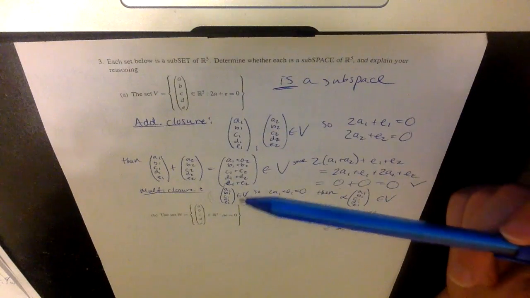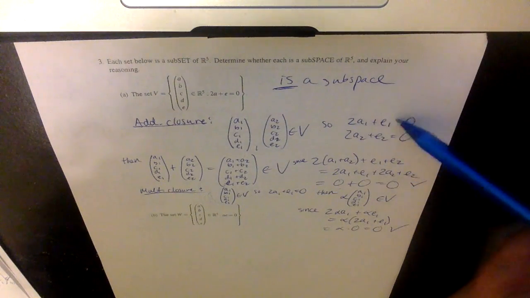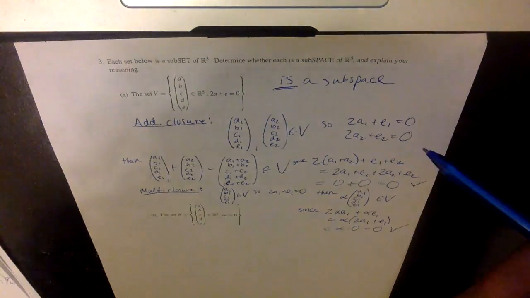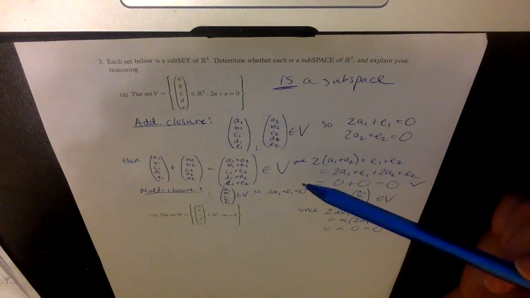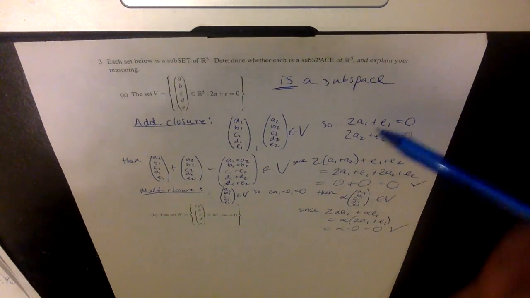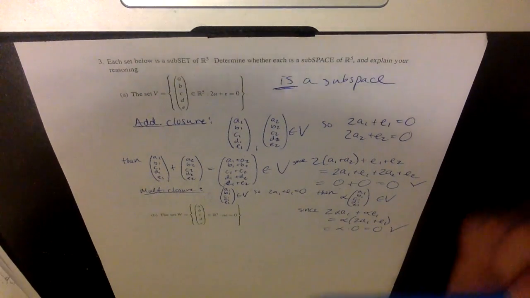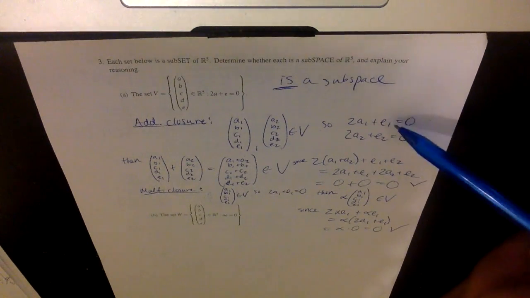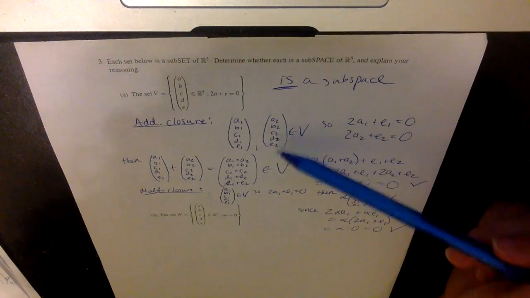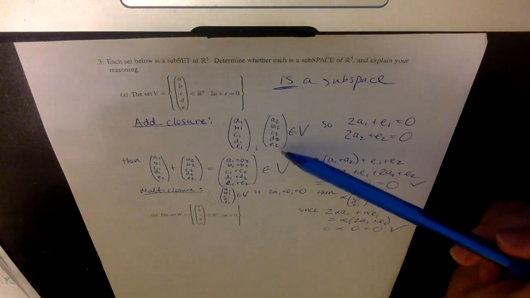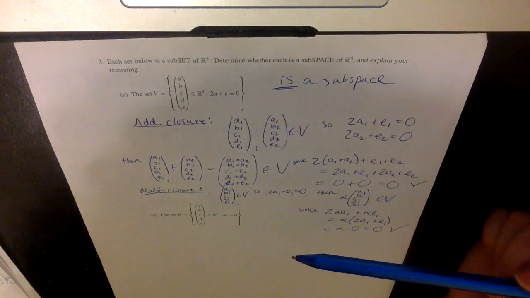You take two vectors whose product of their first and last components is 0, and then when you add them together, see what the product of the first and last component is. Is it something that's going to simplify to use only the equations you already know from the descriptions of your vectors in your set? Or is it something that you can't guarantee to be 0?